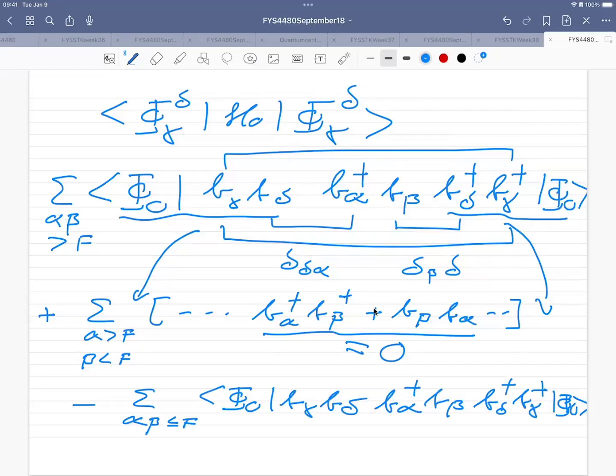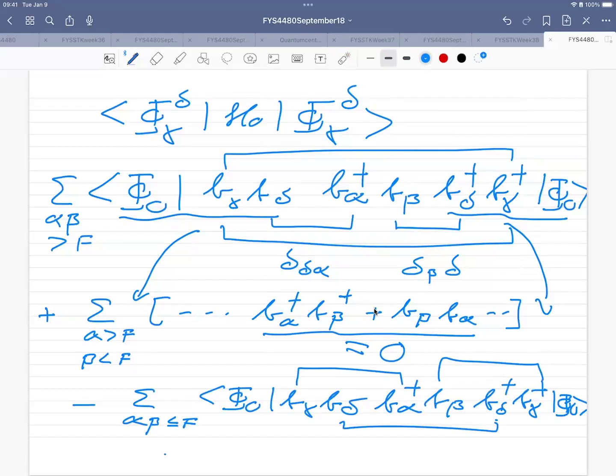So this case here is a case where since delta is a particle state above the Fermi level and alphas and betas are states below the Fermi level, that means that if I take a contraction between this one and that one, that has to be 0 because they are by definition different. They are states, they're either below or above the Fermi level. So the only one which survives then is this one being contracted with that and this one with that, and then the particle state has to join the particle state.